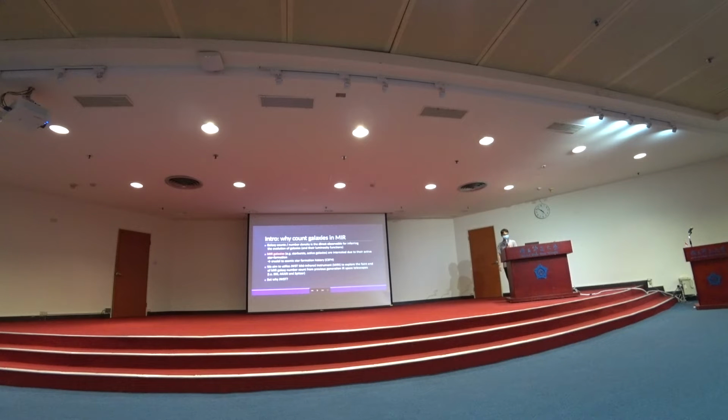Why do we count galaxies in the mid-infrared? First, galaxy count, or we say number density, is directly observable for inferring galaxy evolution, because we just count how many galaxies are on the sky, then we use this to infer their evolution. Mid-infrared galaxies are very interesting because galaxies like starburst or active galaxies have a very high star formation rate.